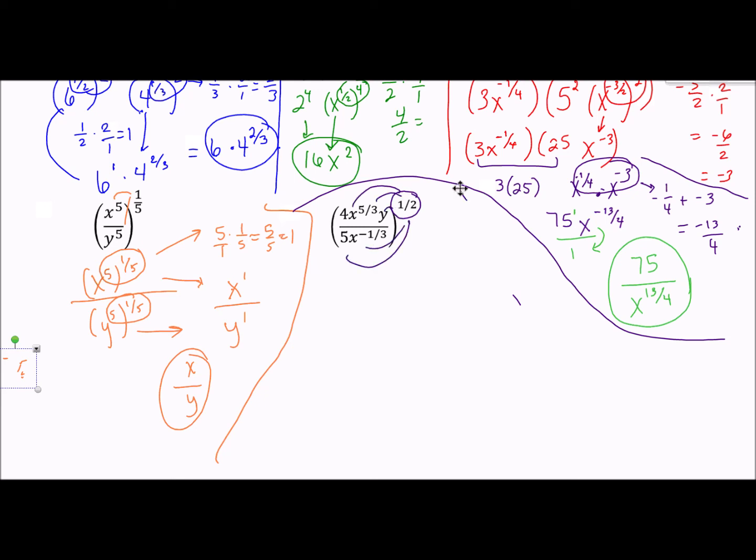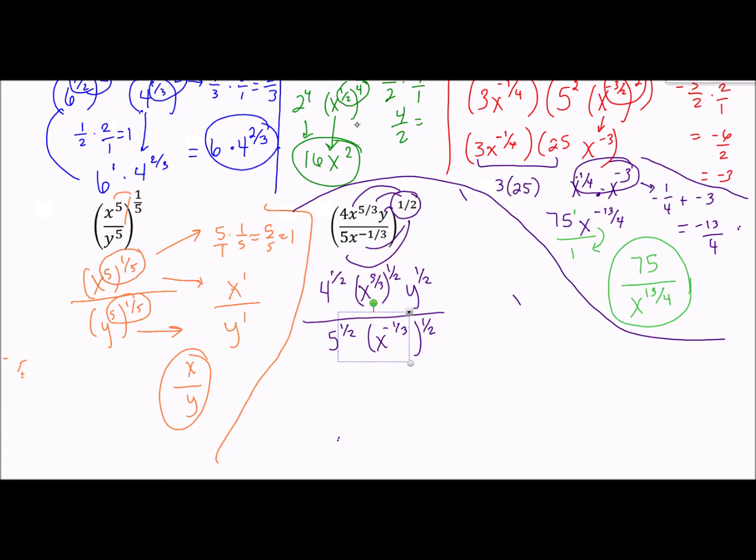So splitting each one up, I've got 4 to the 1/2, x to the 5/3 to the 1/2, and then this y here to the 1/2 over, in the bottom, the 5 gets the 1/2, and x to the negative 1/3 will also be taken to the 1/2.